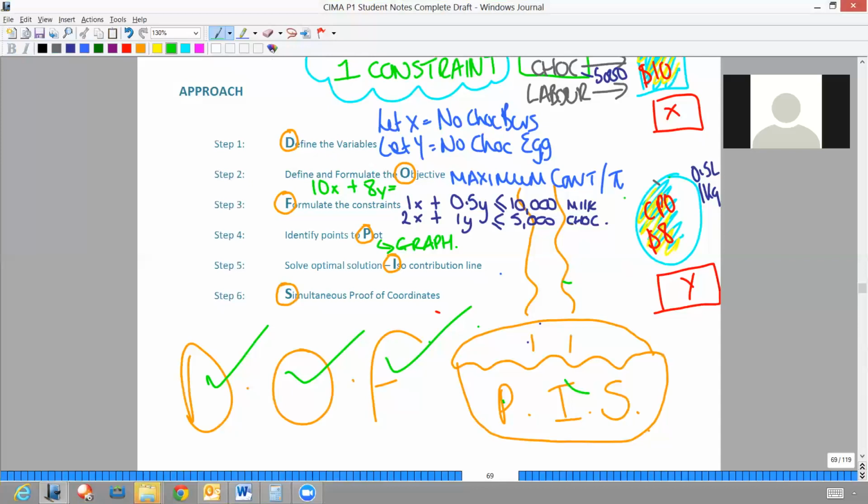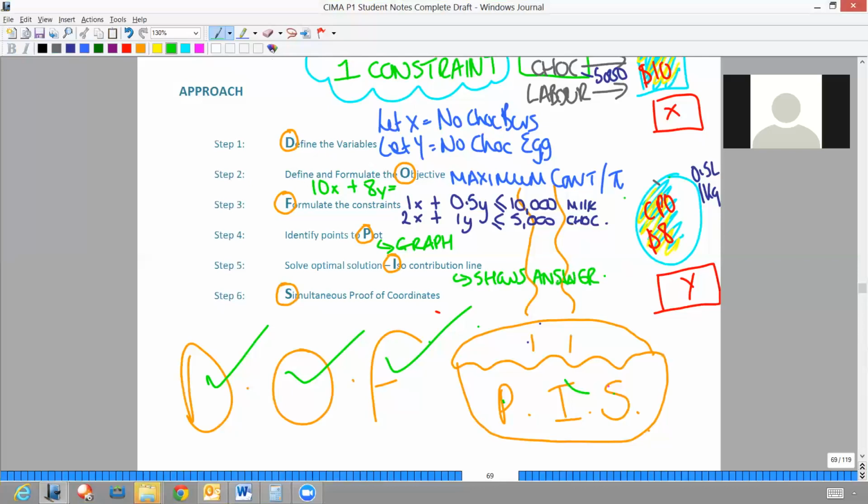So that's your P. We then need to create something called an ISO contribution line, and this basically shows us the answer. And it shows us the answer on our graph. So again, we'll see that in action. And then finally, we need to do simultaneous proof of coordinates.